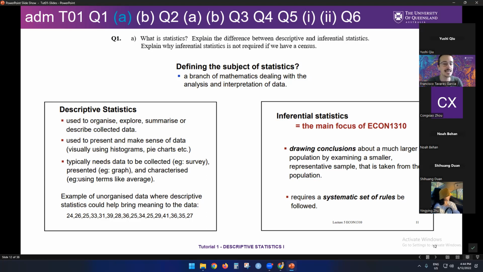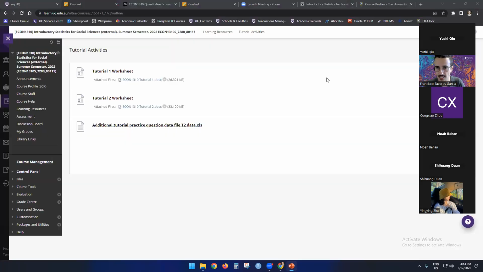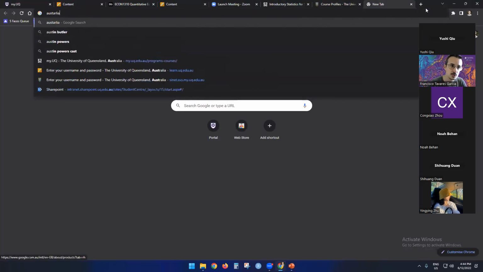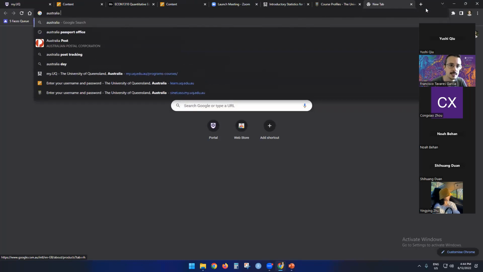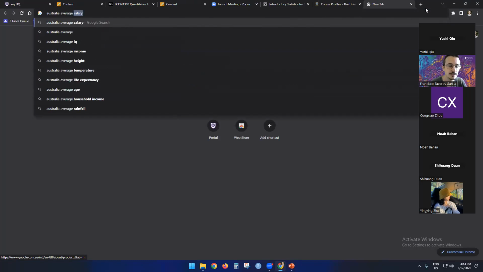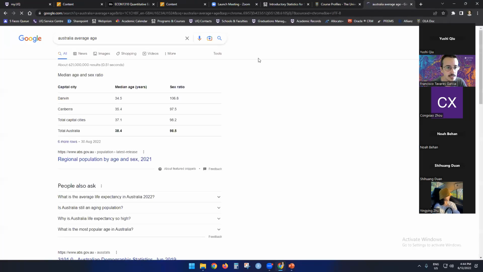I had a Google before just to double check if the numbers are right, and they're quite precise. If you ask how old Australians are, the mean age is about 38 years. And why not Googling it again? Australia average age: 38.4.